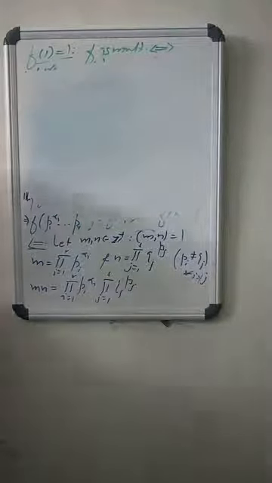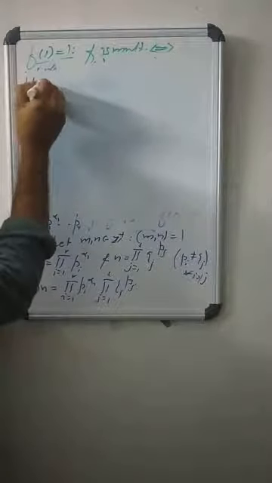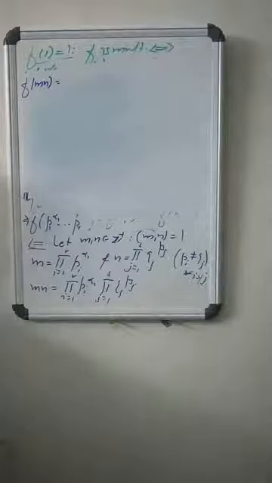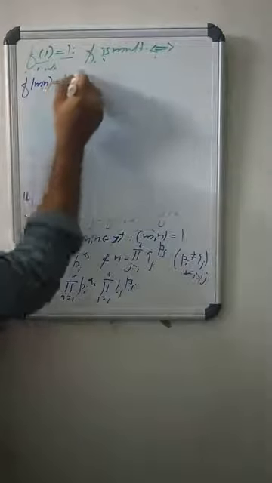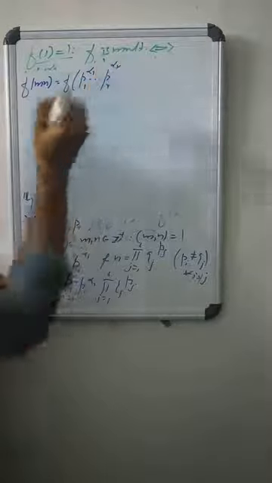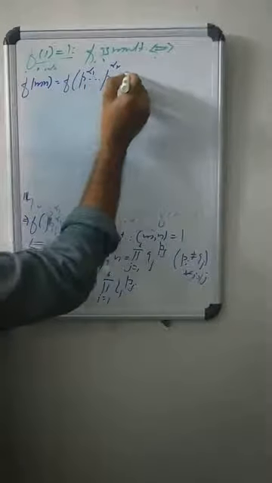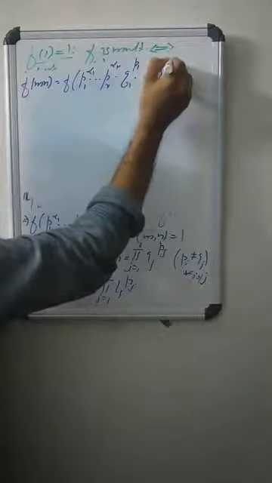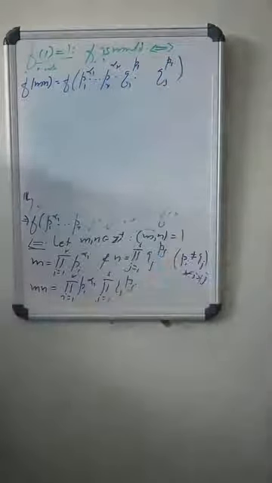What is f of mn? It is f of that product, that is p1 power alpha 1, etc., into pr power alpha r into q1 power beta 1, etc., into qs power beta s.